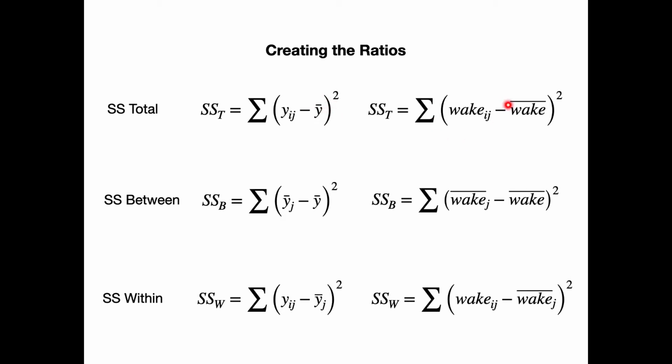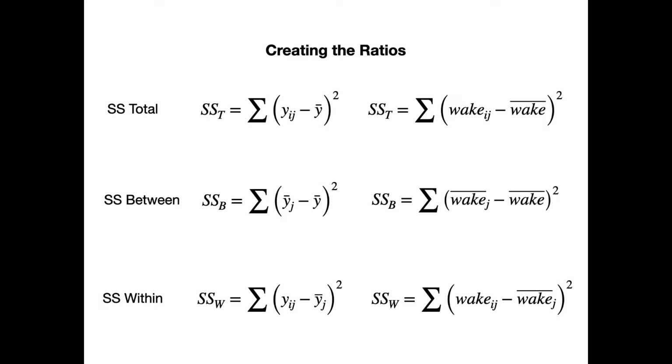If we put this in terms of the variable in our study, minutes awake after sleep onset, this is each individual's observation on the wake variable, and this is the overall average. These are sums of squares, so we take the difference, square them, and then add them up.